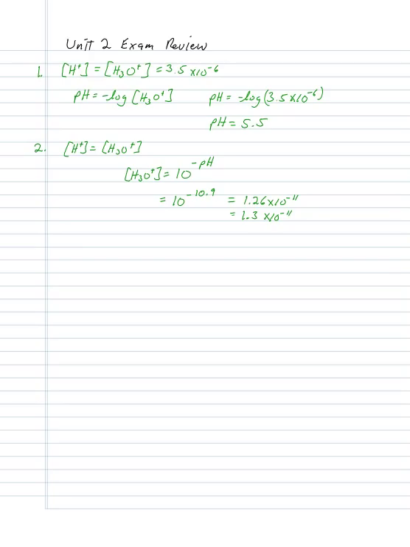Good. Number 5. Yes, I saw that one coming. So for number 5, we've got to remember what amphiprotic means. Remember, amphi kind of means both, like amphibian means both land and water. Amphiprotic means it can either gain or lose a proton, so it can act as either an acid or a base.